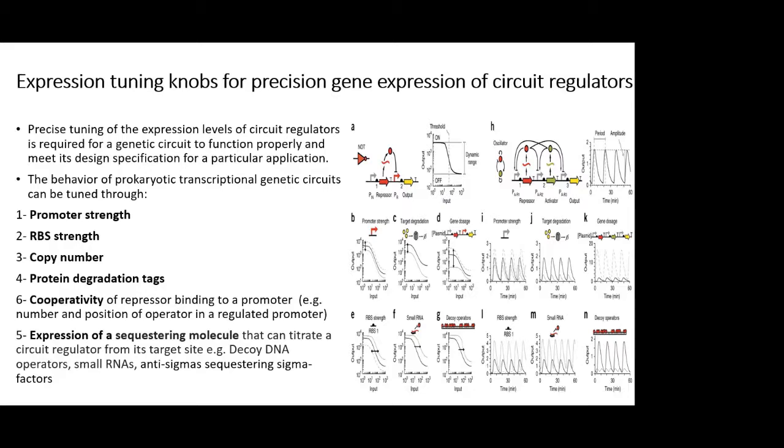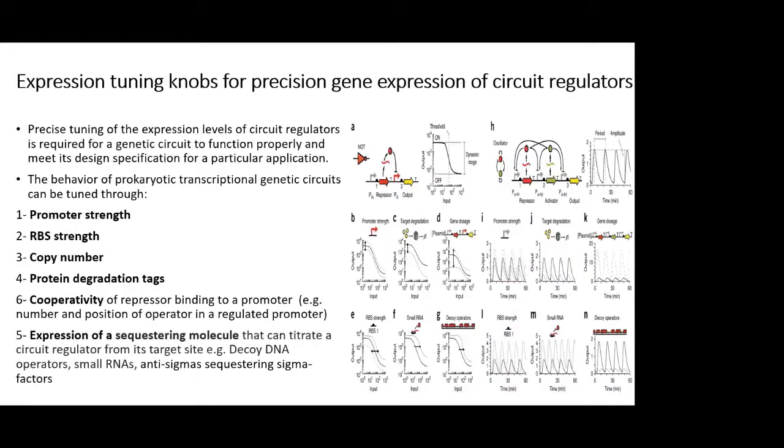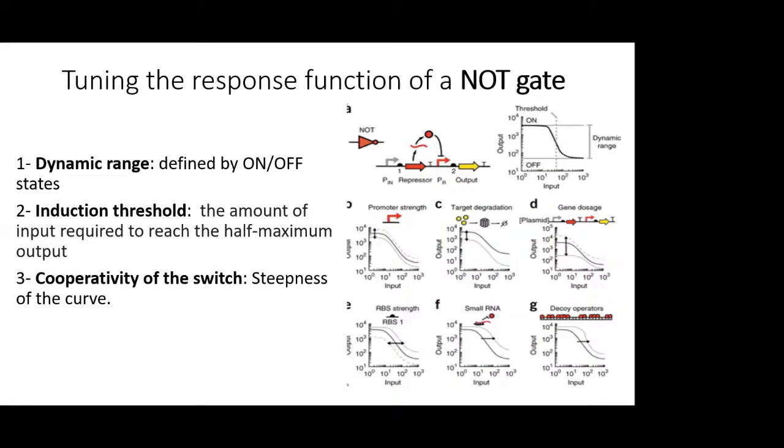The cooperativity also controls the expression of your genes, and also the availability of sequestering molecules. So you have different tools to tune your circuit behavior, and you have the circuit behavior itself according to the circuit that you are engineering.